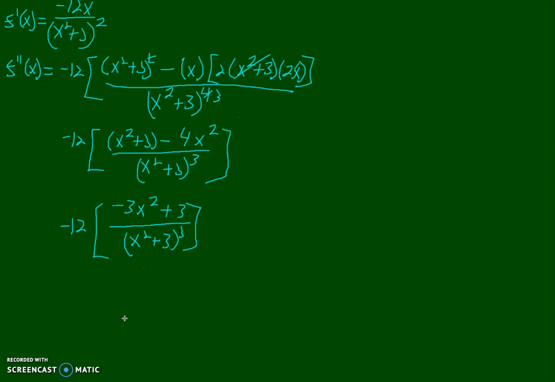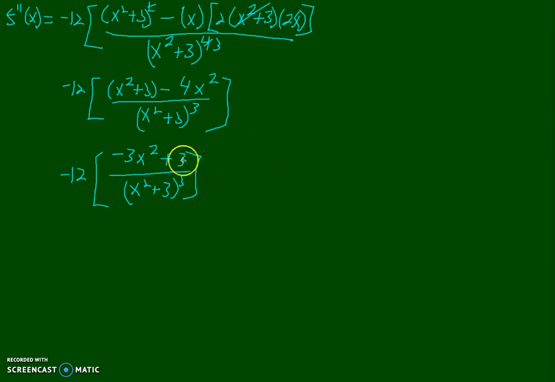And we can make our lives a little bit easier by going ahead and factoring out a negative 3 out of this numerator. So negative 12 times negative 3 is 36. So 36 times what's left on the inside is x squared minus 1, and that's over x squared plus 3 to the third. And there is our second derivative. This is f double prime of x.